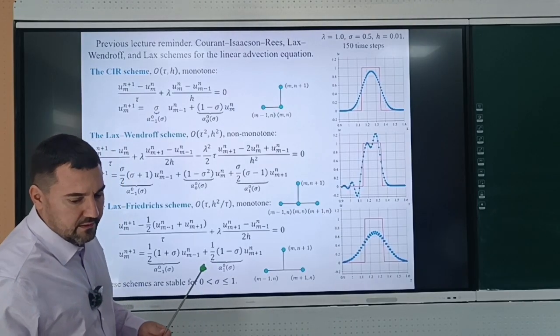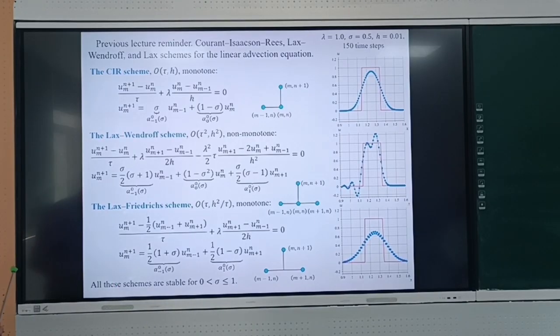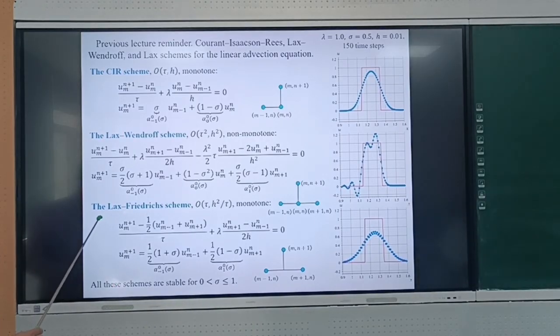And the last one was the Lax scheme, which is also usually called the Lax-Friedrichs scheme in the literature. And this scheme is monotone actually. So the Lax-Friedrichs scheme and the Courant-Rees scheme are monotone and stable if the Courant number is between 0 and 1.